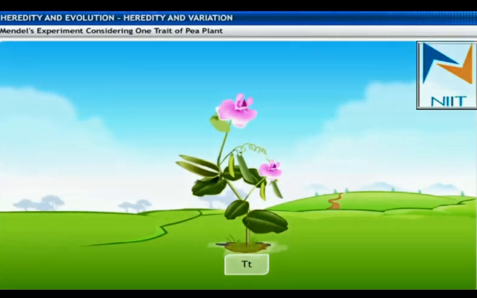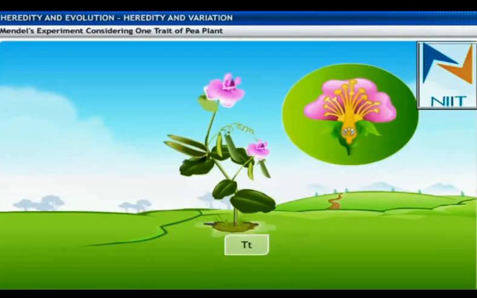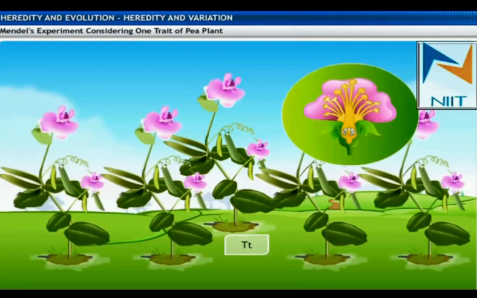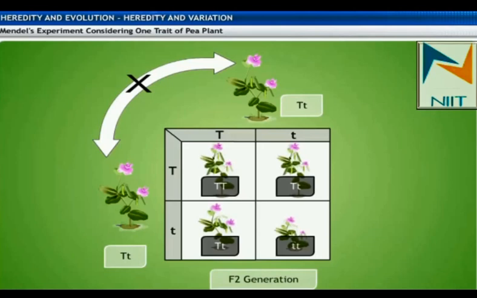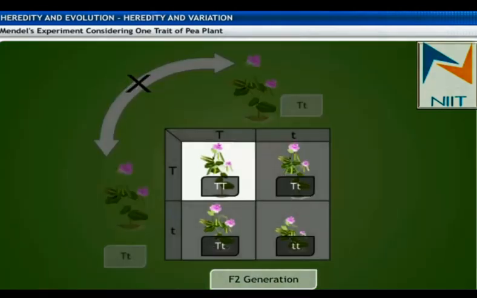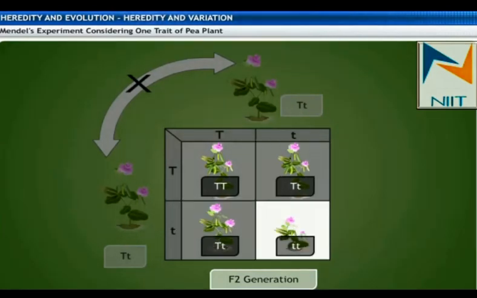Next, Mendel allowed the F1 tall plant of the genotype Tt to reproduce by self-pollination. As a result of random fertilization, the resultant zygotes can be of the genotypes TT, Tt or tt.